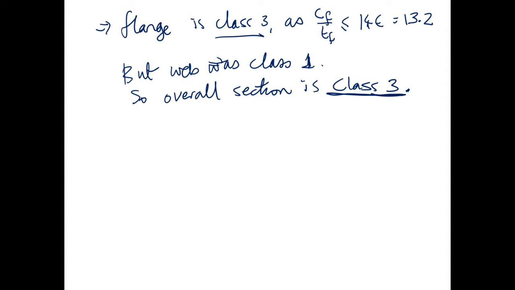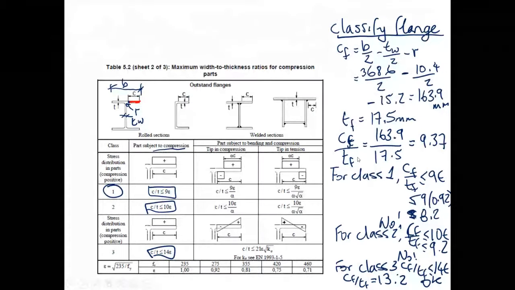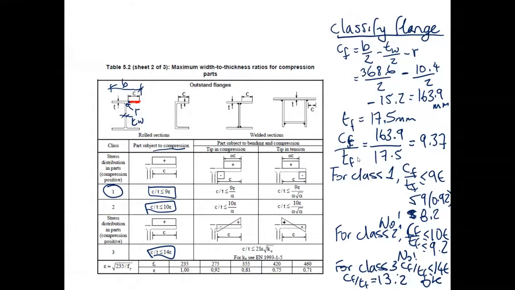Would you be able to go back to the last slide for 2 seconds and explain what the C for class is, the one in brackets with 0.92, and what's underneath it? For class one, the limit is 9 times 0.92, and when you work that out, it's 8.2 or so.